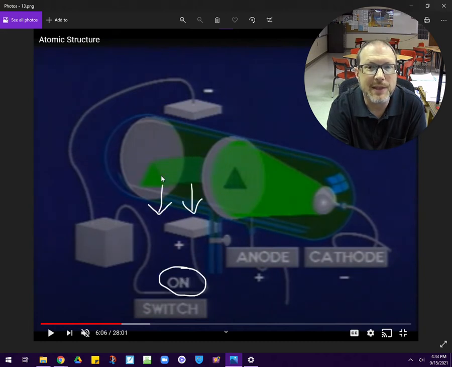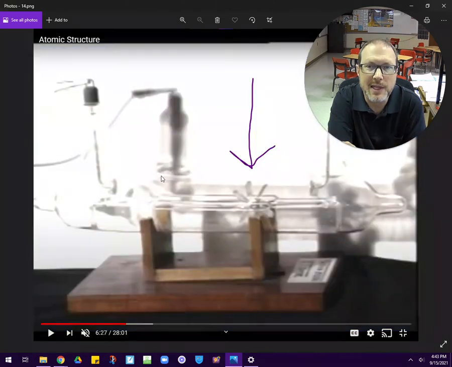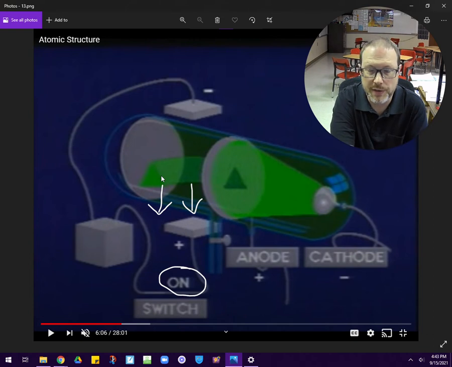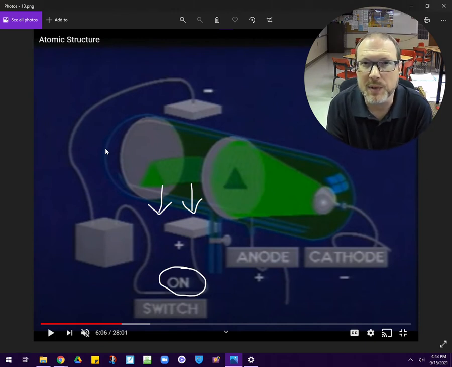And so the very fact that these could be deflected with a magnet suggested to Crookes that these rays, or these particles, had an electric charge of some kind. They seemed to be deflected toward the positive end. They were also attracted to the positive end of the cathode ray tube, which is what gave them the idea that they were talking about something that was negative.